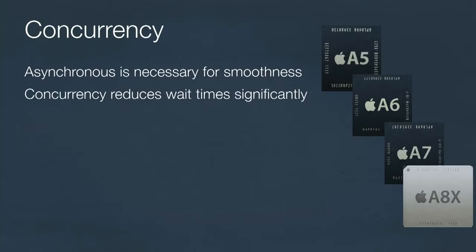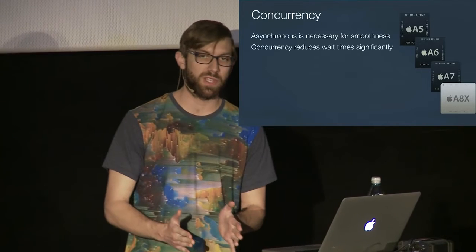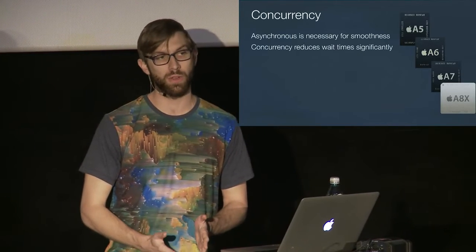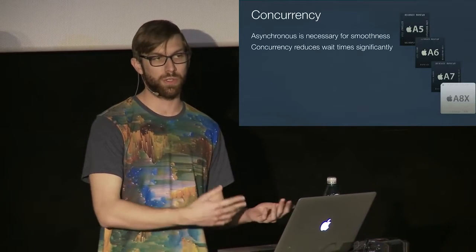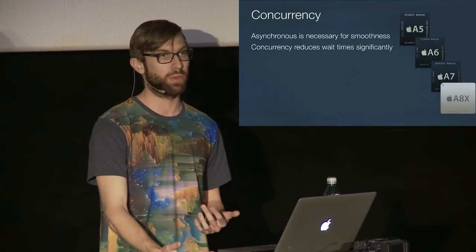So concurrency is one of the optimizations that we've achieved with this paradigm. Asynchronous operations are necessary to have this sort of UI smoothness we've been talking about, but it turns out that if you make use of these multi-core processors, you can also reduce the amount of time to complete showing the user interface, because the main thread, although you want it to be free for user interaction, is still only a single thread of execution.